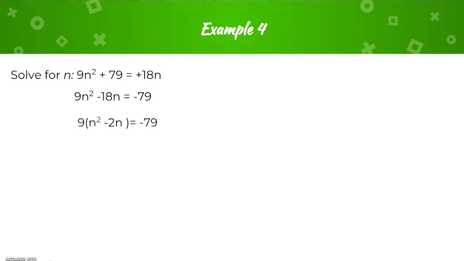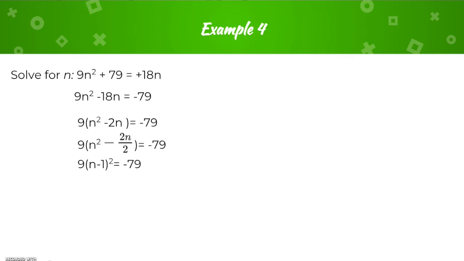Then I'm gonna do this one with the second method, so this would be by factoring. So I'm gonna end up having 9 parentheses n squared minus 2n parentheses equals negative 79. Then I'm gonna divide 2n by 2, which is gonna equal 1. So I'm gonna have 9 parentheses n minus 1 squared equals negative 79.